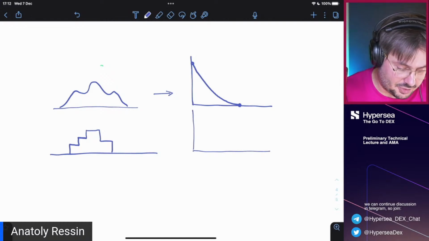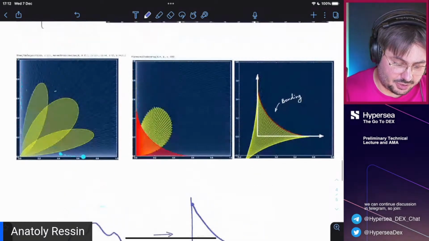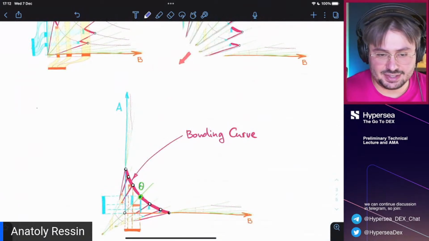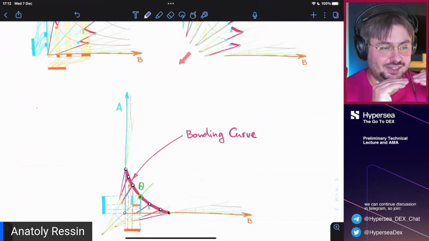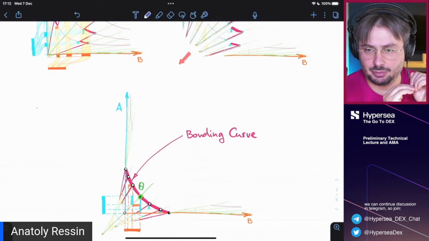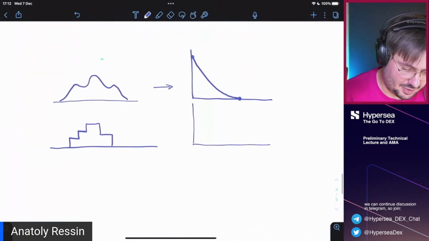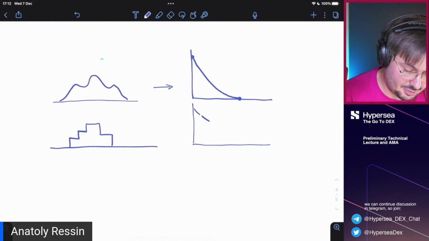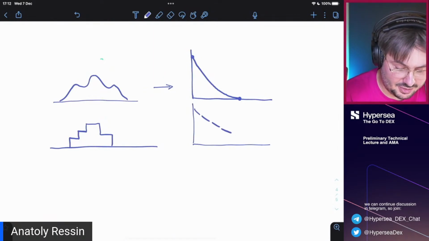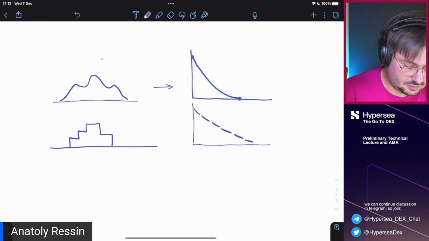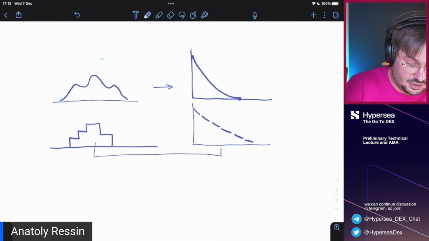So our trading curve, like in this case, will be just parts of the hyperbolas glued together, and we can validate this thing.